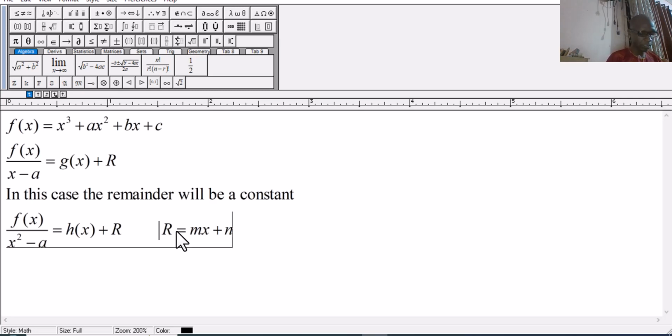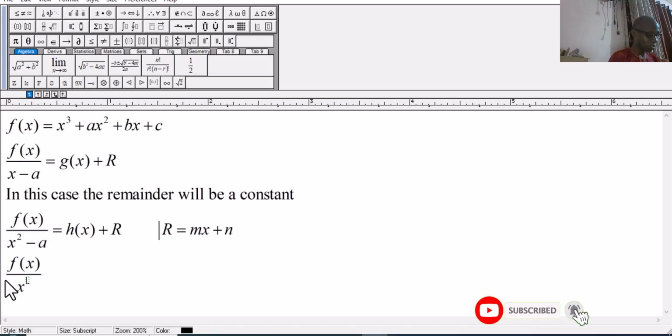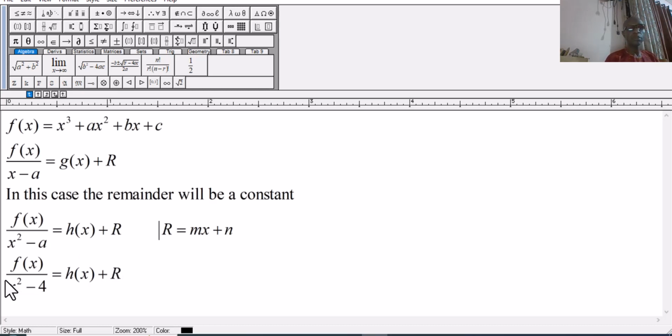Now in this case, we are given that our f of x is divided by x squared minus 4. Now, let's imagine it's h of x plus the remainder.